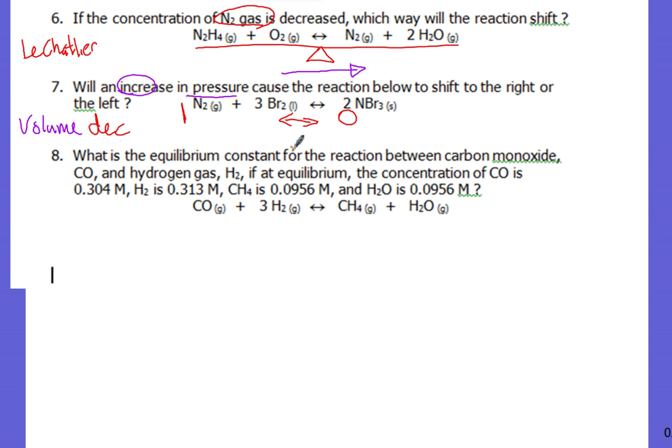Which one takes up less space? 1 or 0? 0. And so I've said less space because the volume is decreasing. So this reaction is going to shift to the smaller side that takes up less space. All right? So that's the logic there.